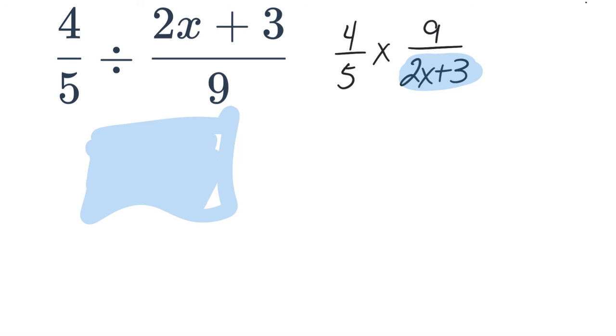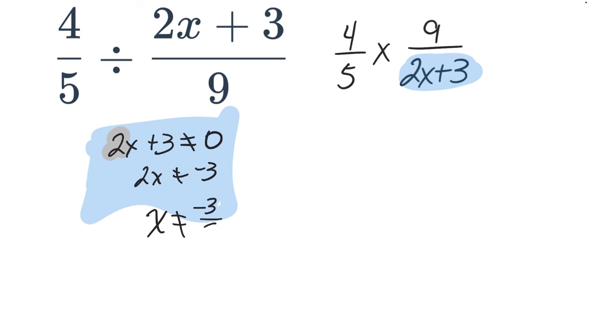And what you'll soon learn is it's the opposite of the b value over the a value. So we would have 2x plus 3 unable to become 0 when we subtract the 3 and divide by 2. So we get x is not equal to negative 3/2. That is our excluded value.